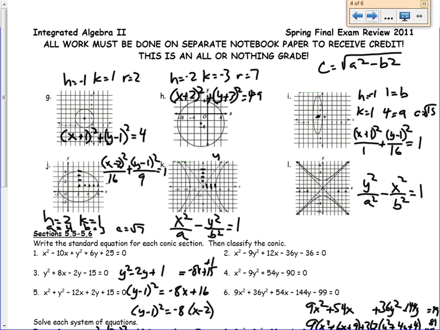X is first, so it's y equals plus or minus B over A times x. So this must be B, and this must be A. So up 4 is B. Up 4 over 3, plus or minus B over A x. That's 4. A is 3. A is the first one.